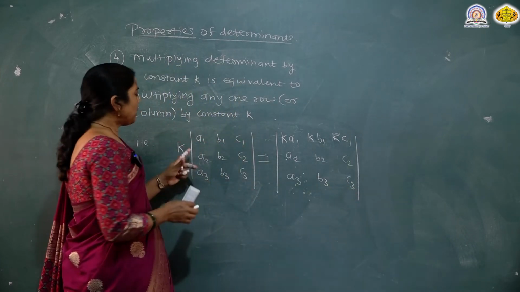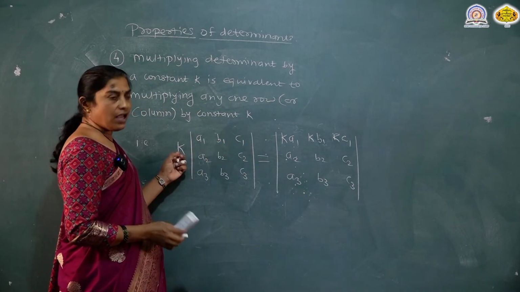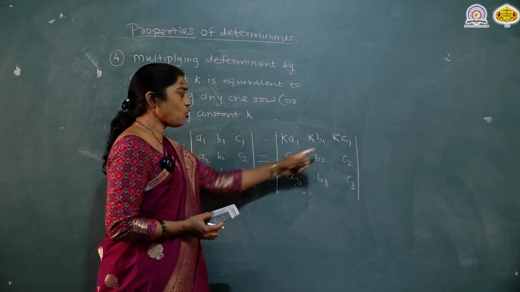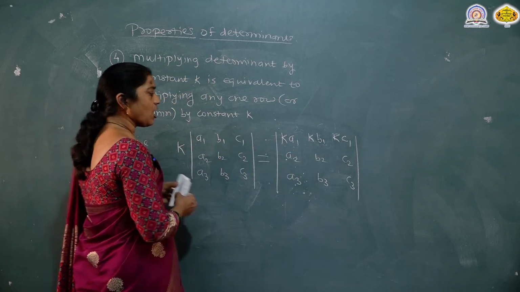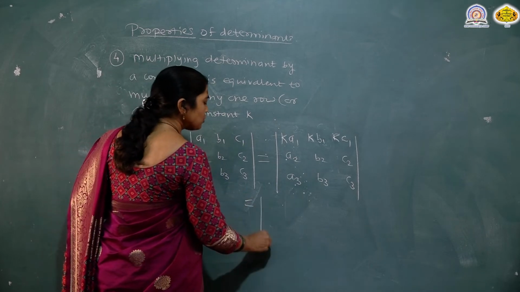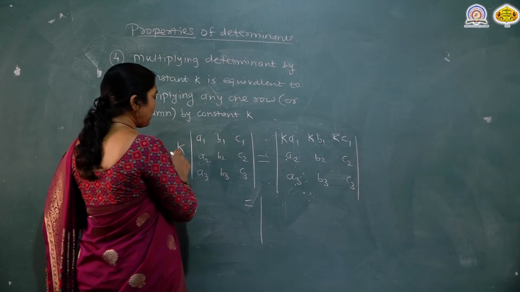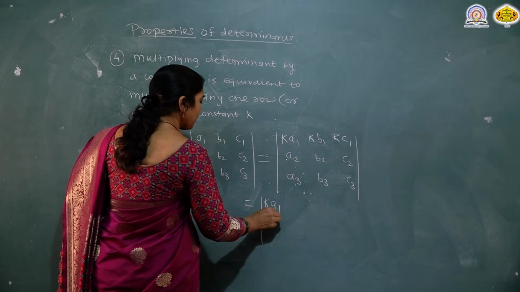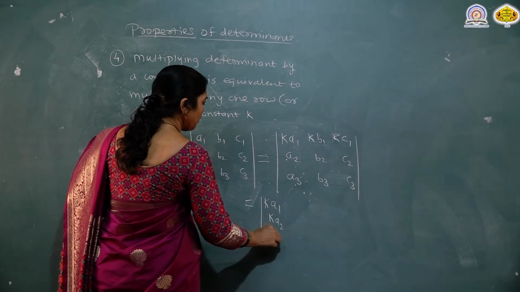So, multiplying the determinant by k is the same as multiplying all elements of the first row by k, or the second row by k, or any column. Even this is also equal to multiplying the first column by k. It is nothing but kA1, kA2, kA3.